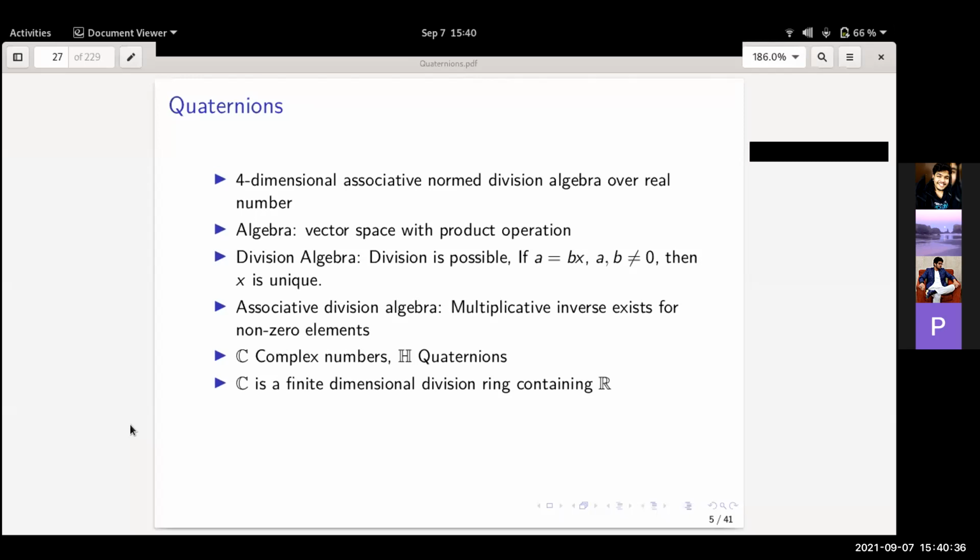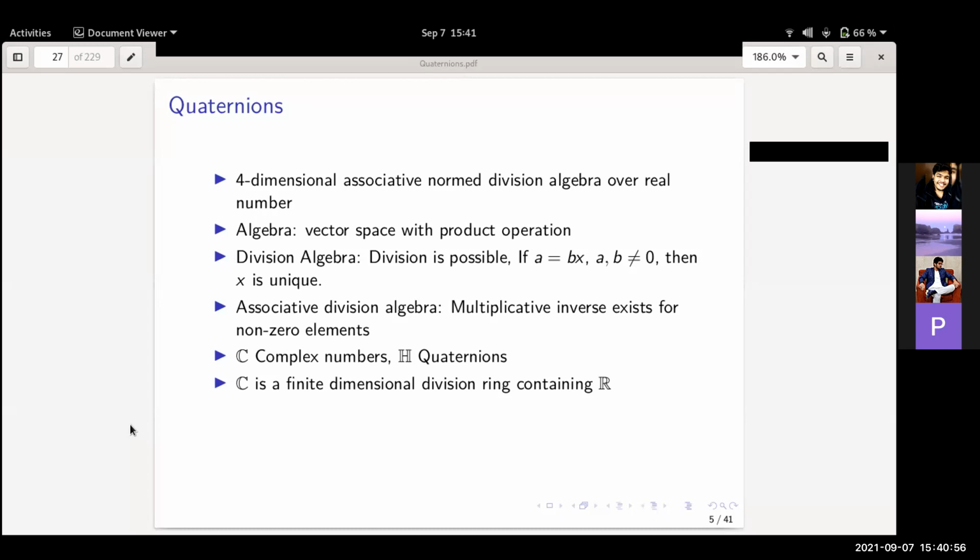C is finite dimensional over R. That means what is the dimension of C as a vector space over R? It is 2. So 2 linearly independent vectors are required to span the vector space C.